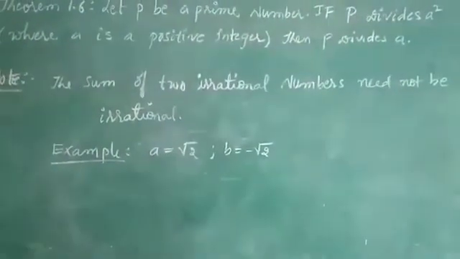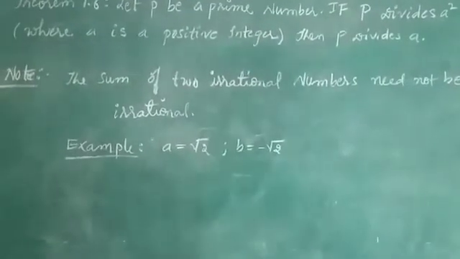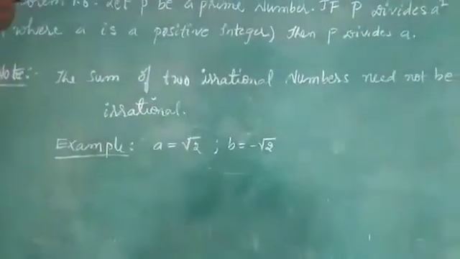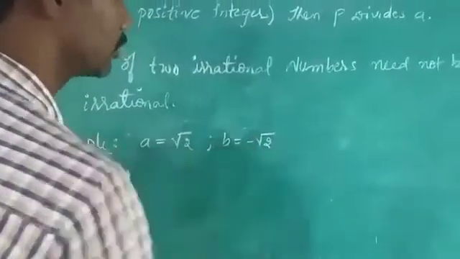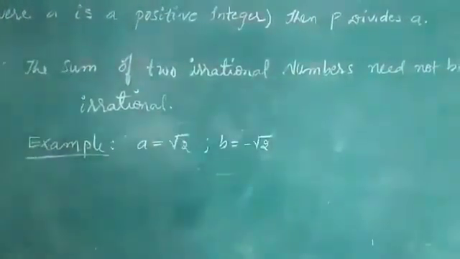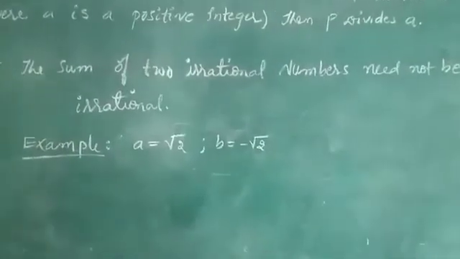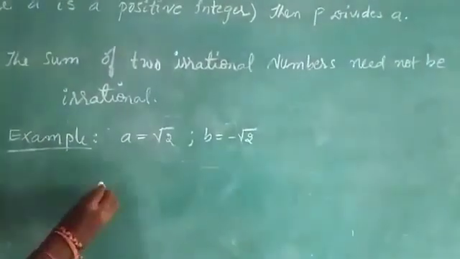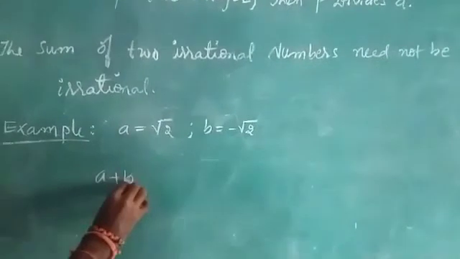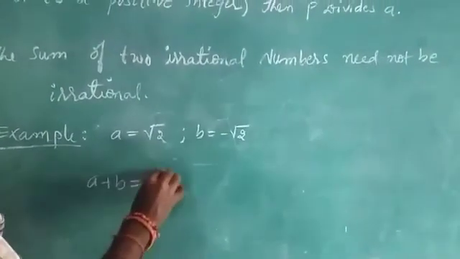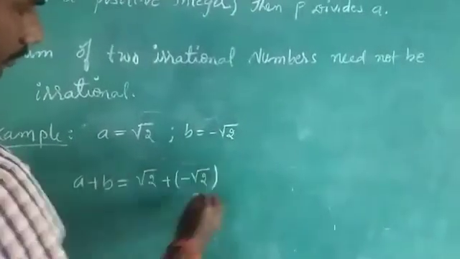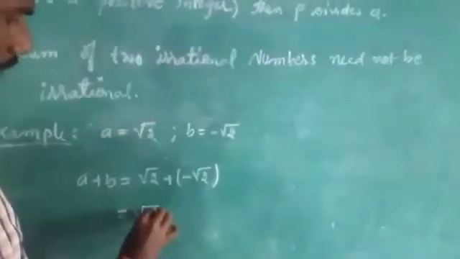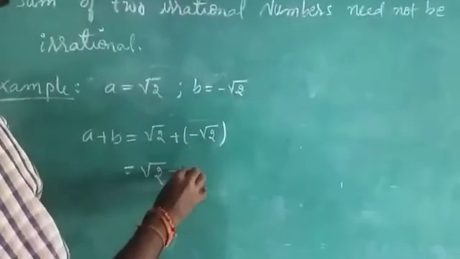If you add them, A plus B is root 2 plus minus root 2.